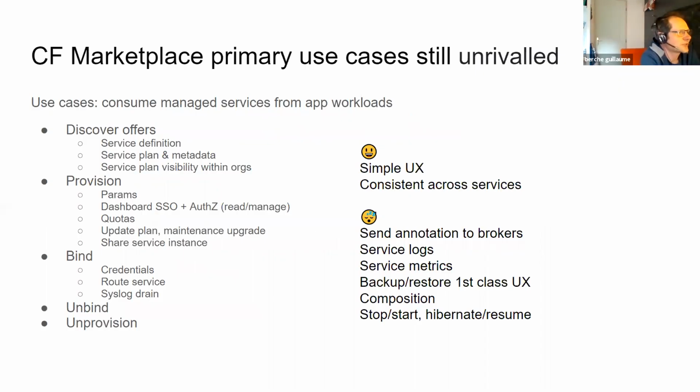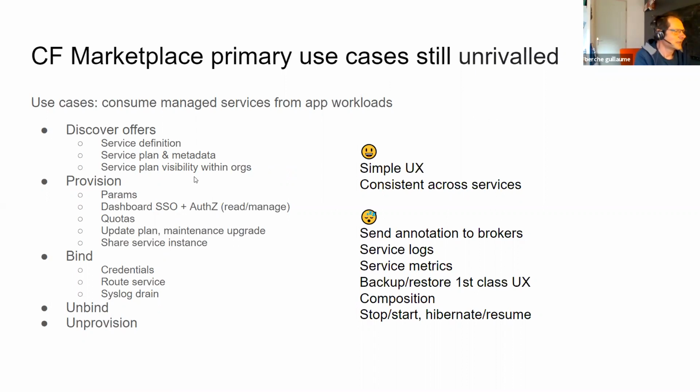For the primary use case of consuming managed services from app workloads, just to remind us of the different steps in the user experience. So discovering offers, service definitions, the service plans and their metadata, such as costs, support URLs, and so forth, as well as managing service plan visibility within orgs.